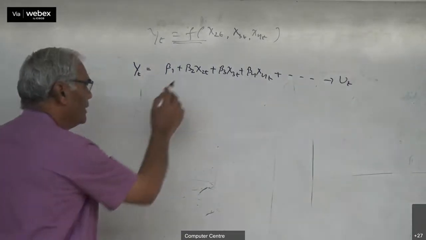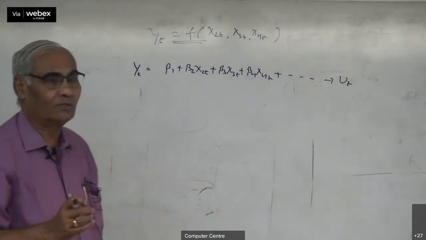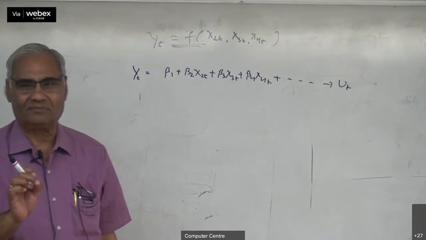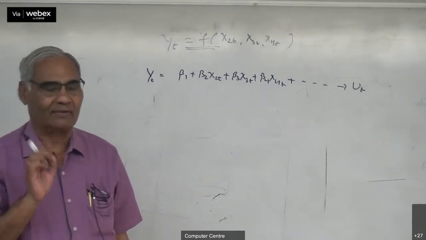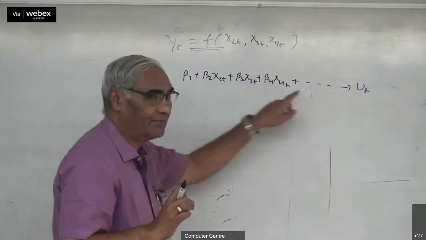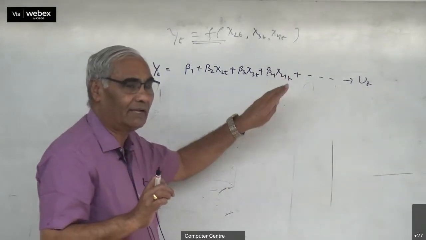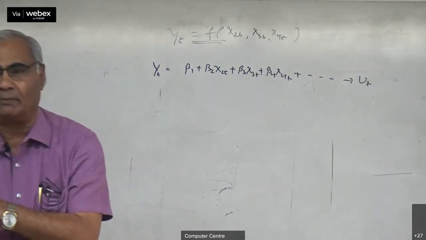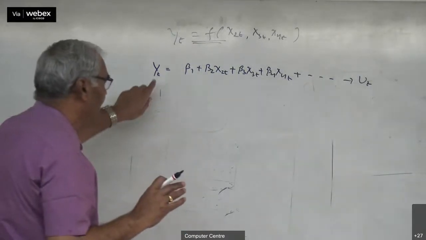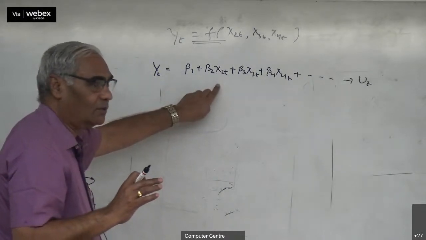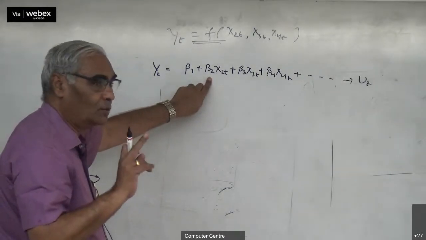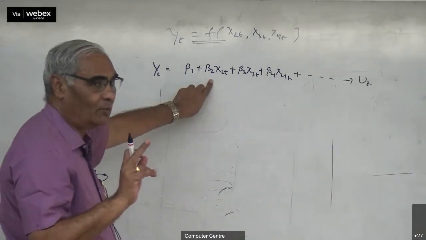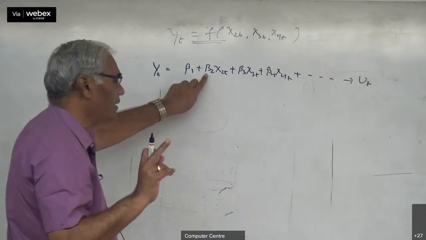Now, what is the meaning of beta 2? Beta 2 is the partial impact of x2 on y. Partial impact, keeping other variable constant. Means if you think that y is influenced by many variables, and if you keep other variable constant, then y will change with respect to x2 by how much? b2 times. Per unit change in y with respect to x2 is equal to b2.